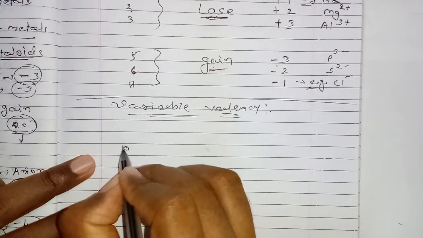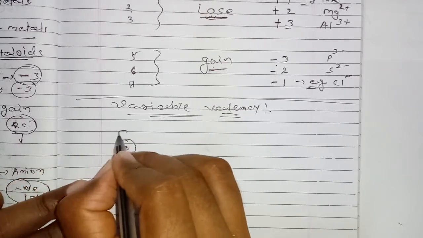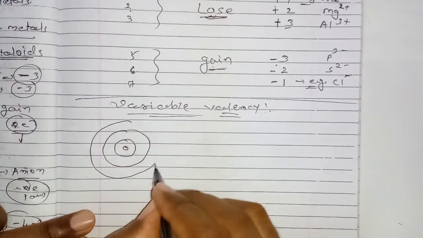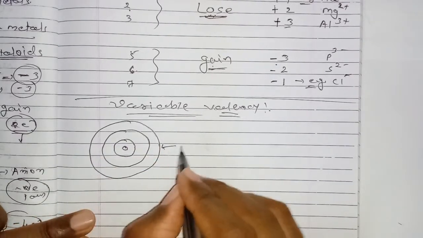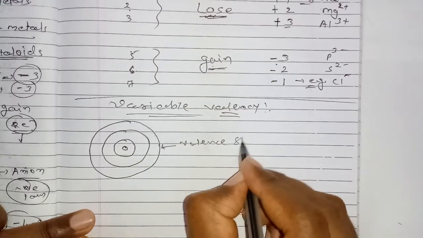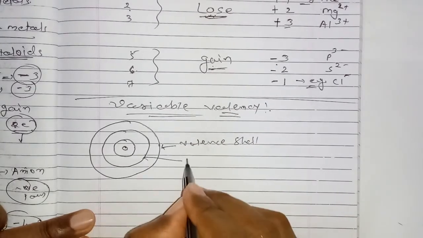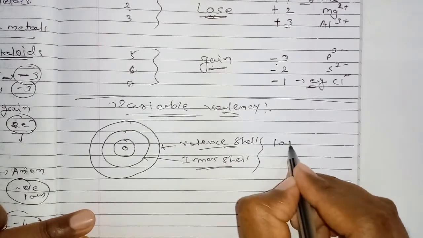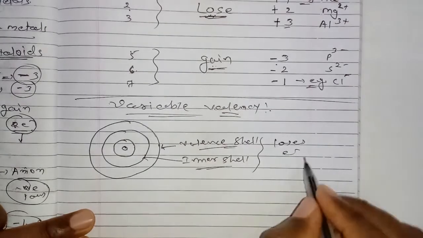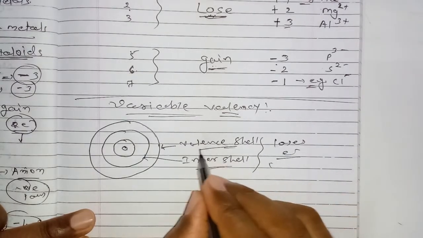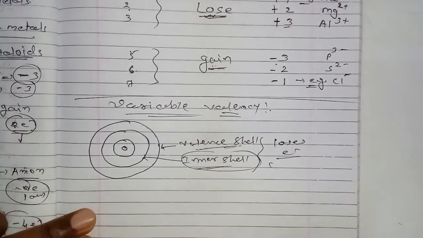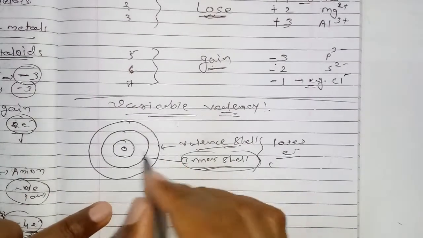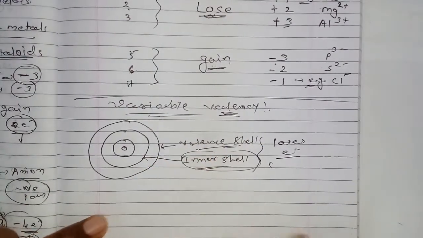In some elements, electrons are lost from the valence shell or from the inner shell also, so they exhibit variable valency.